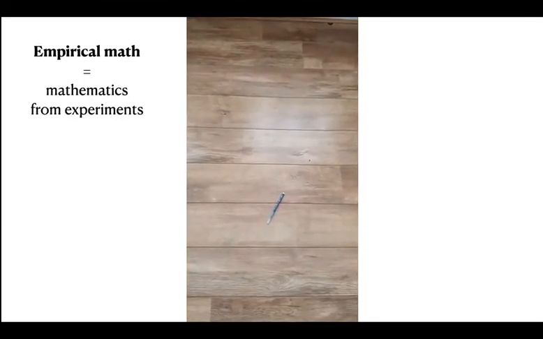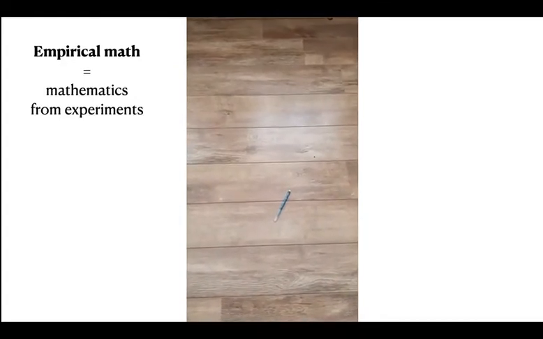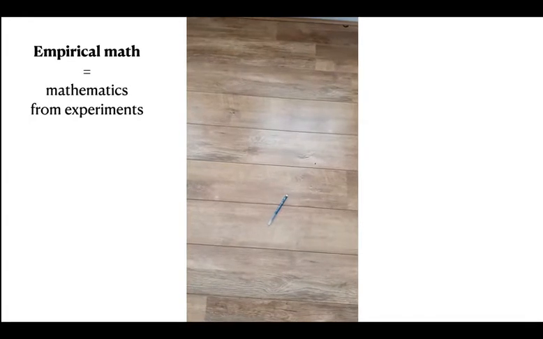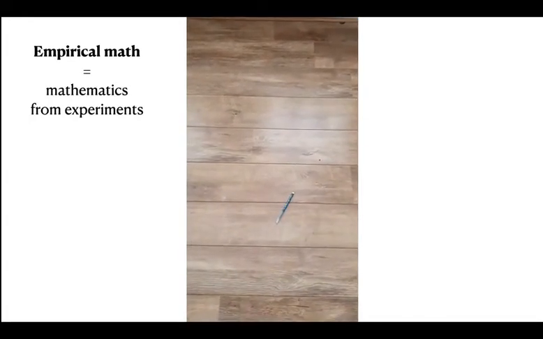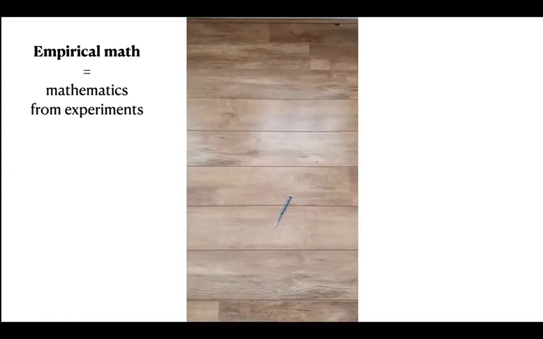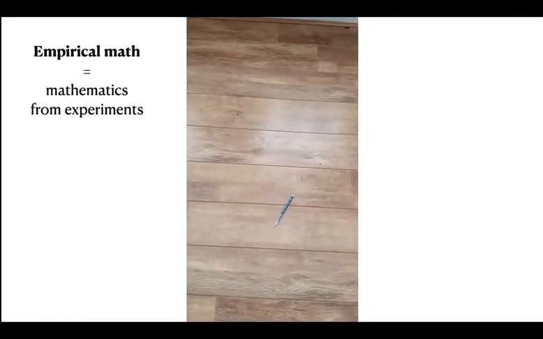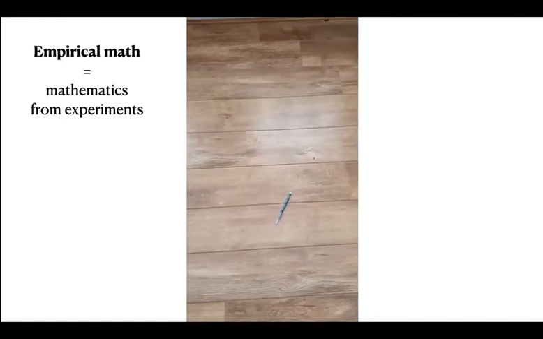Now, in principle, what we need to do is to repeat this experiment at least 1,000 times, and take the ratio of the number of times we get a 1 to the total number of times we dropped the pen.